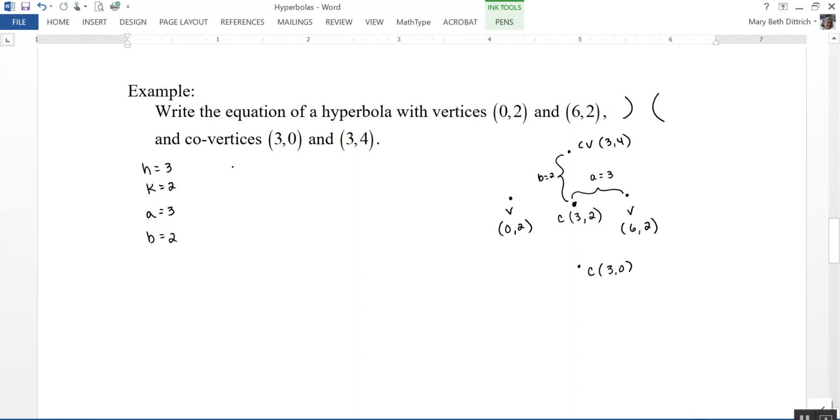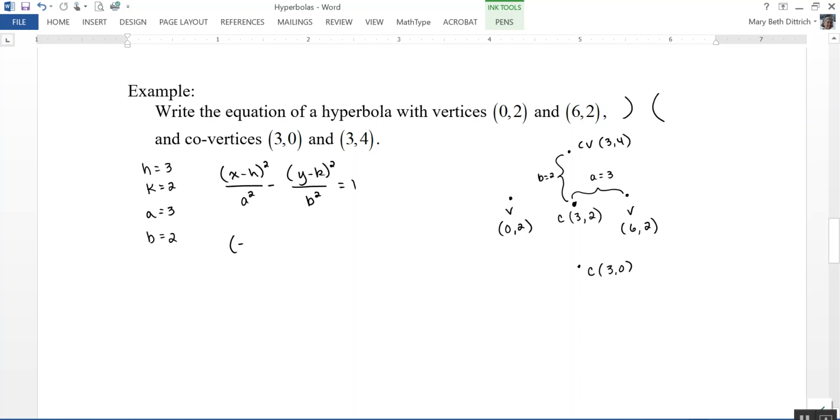So since this is going to be opening up more horizontal, my equation is going to be x minus h squared over a squared minus y minus k squared over b squared equals 1.